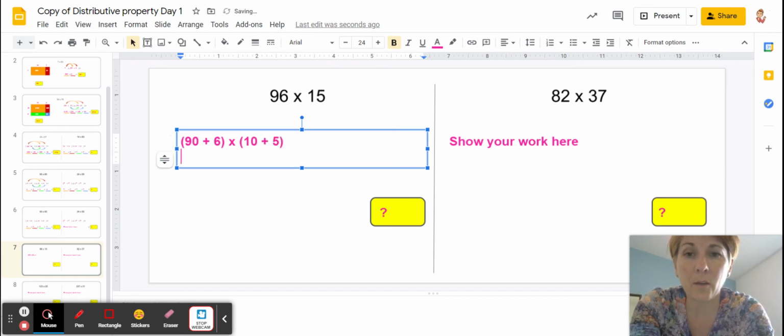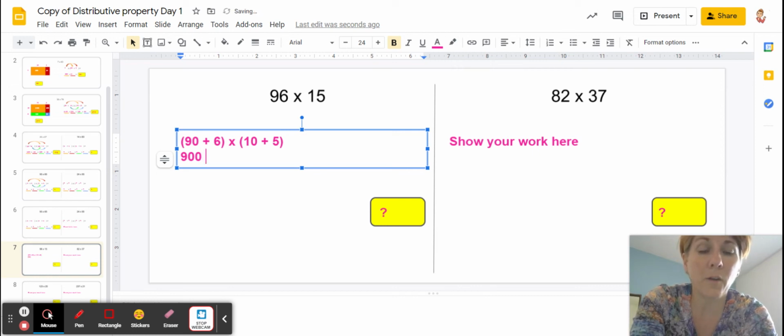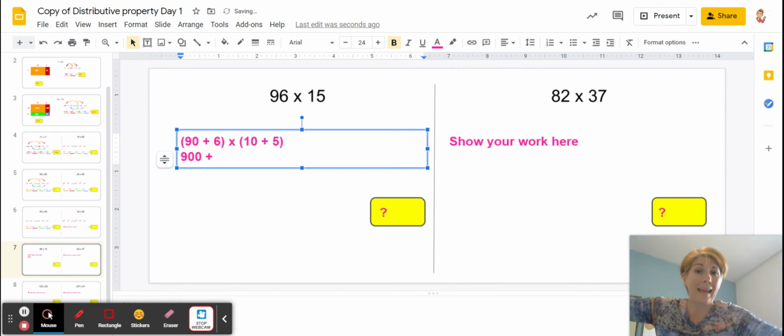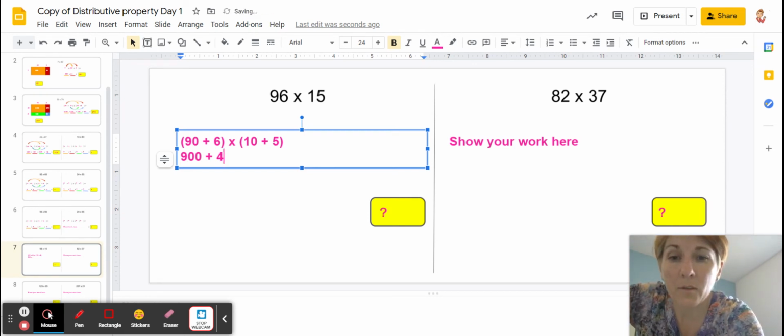And then you go ahead and you multiply. So I do the 90 times the 10 is going to give me 9 shift. And then I take that 90 and I multiply it by the 5, right? All these numbers end up being added together. So 9 times 5 is 45 and a shift.